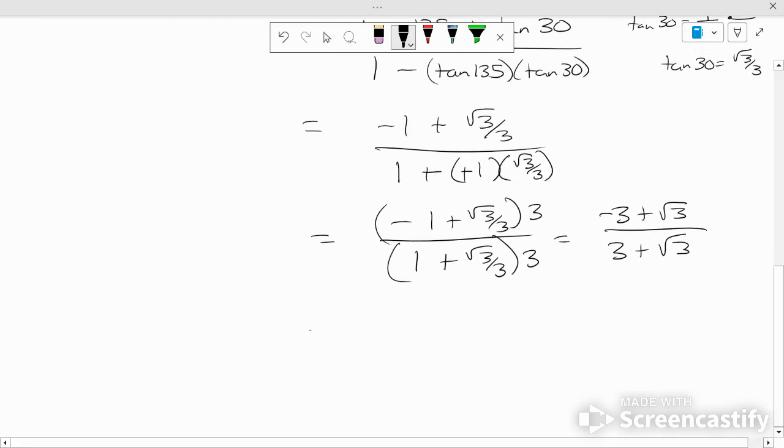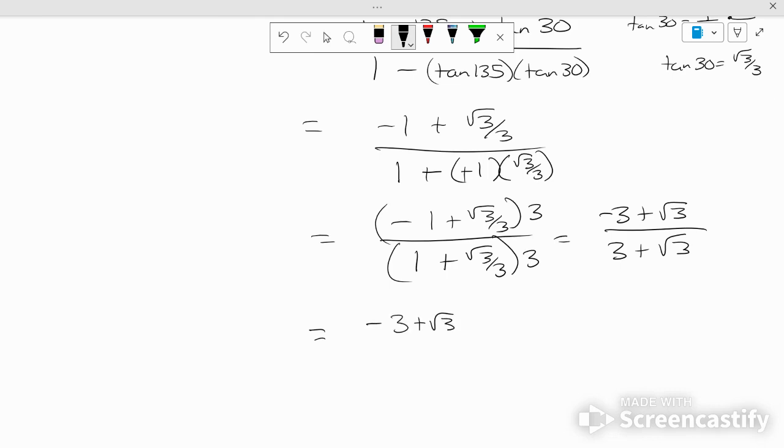Now, you may think that looks fine and dandy, but the math gods don't think that looks fine and dandy. Because we can't have radicals in the denominator. So what do we do to get radicals out of the denominator?